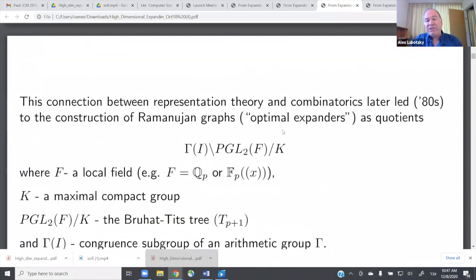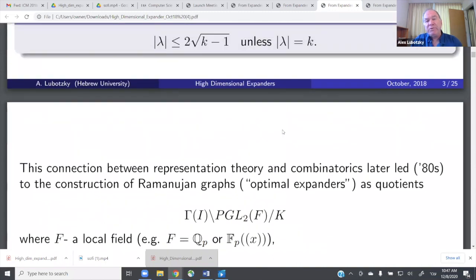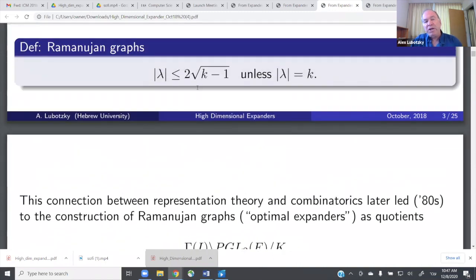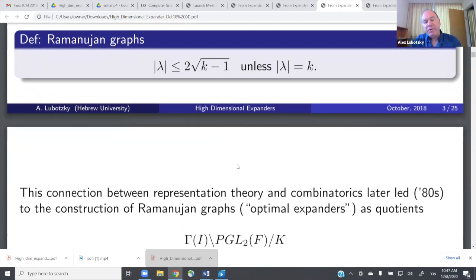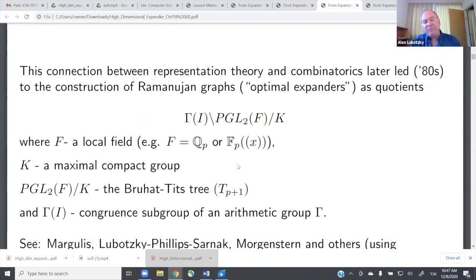There is essential number theory involved, because what is the definition of Ramanujan? It is that lambda is less than 2 square root of k minus 1. In our case, k is equal to p plus 1. Now, p plus 1 minus 1 is p. So we have that all lambda are less than 2 square root p. 2 square root p should ring a bell. That's the number which we all know from the Riemann hypothesis over finite fields.